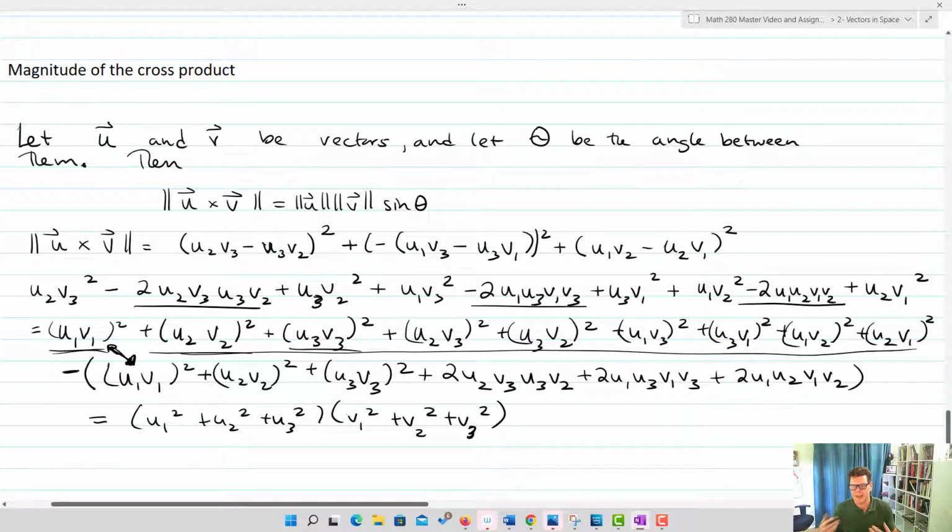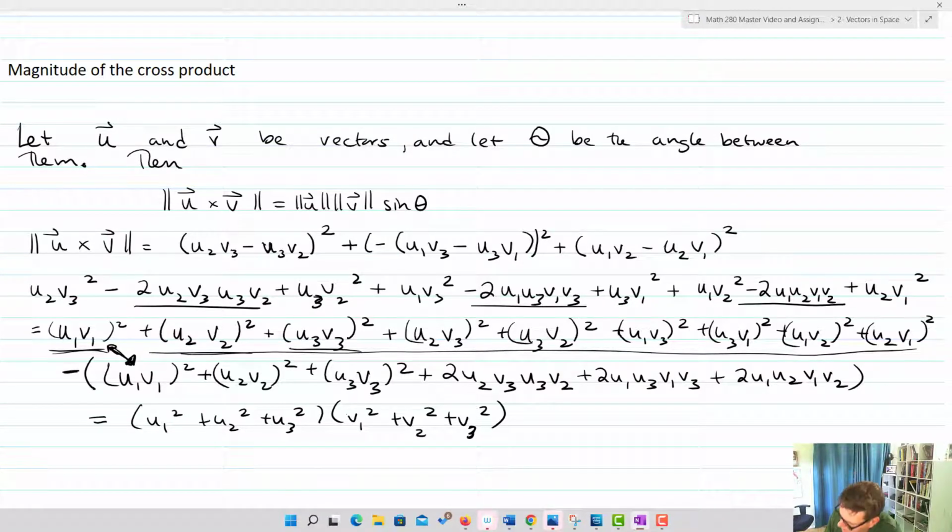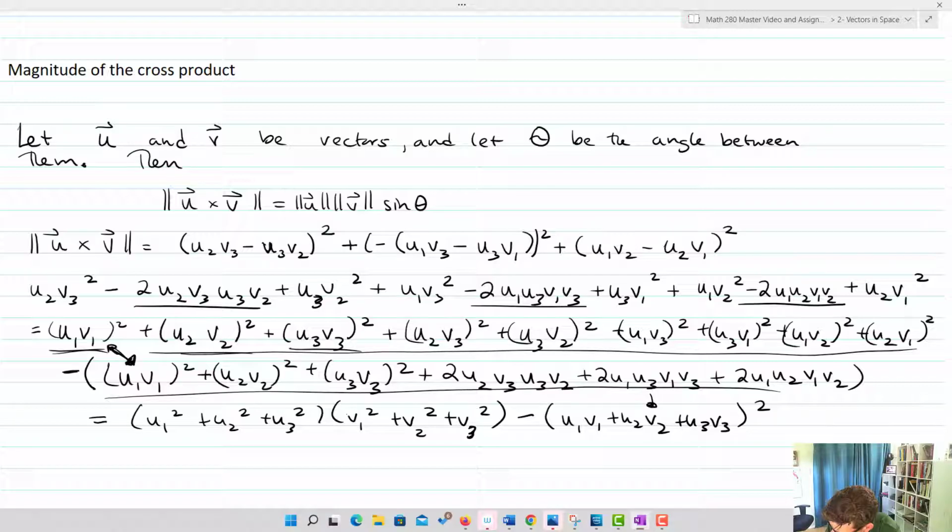No. I just want you to go, oh, okay, I kind of get it. All right, I can buy that. Minus u1 v1 plus u2 v2 plus u3 v3, and it turns out it's that squared. So this whole thing becomes this, and all of these additions become this, okay?